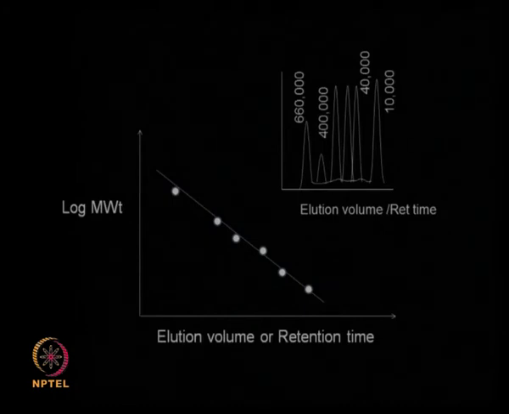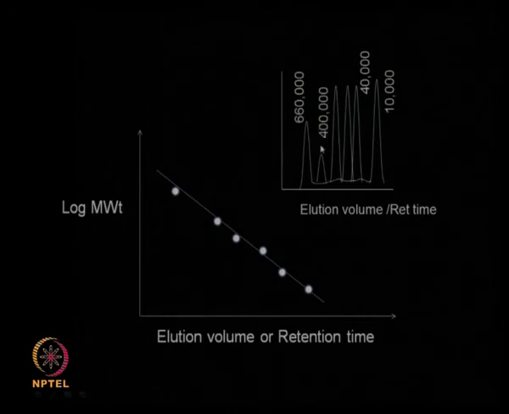So we can develop a standard graph between log molecular weight as a function of elution volume or retention volume or time. Okay. So the graph will look like this: as the molecular weight goes down, the retention time or elution volume increases. Okay, so you have known molecular weight compounds injected.